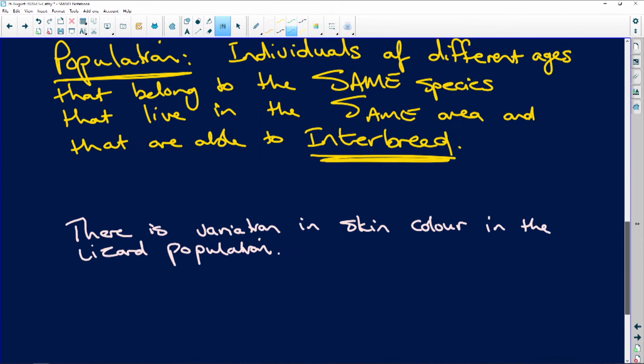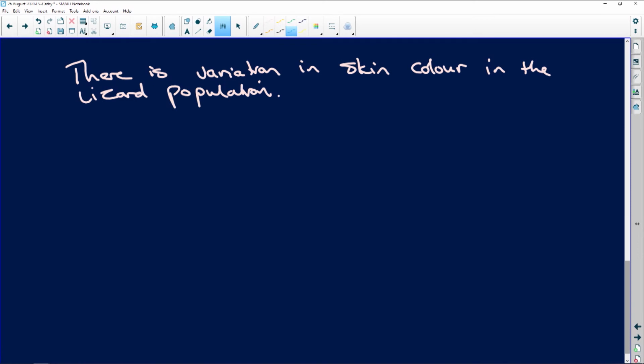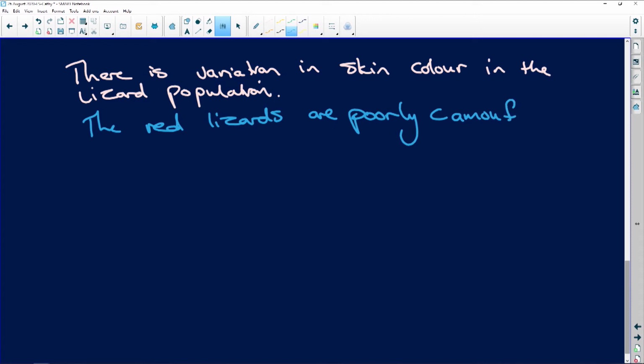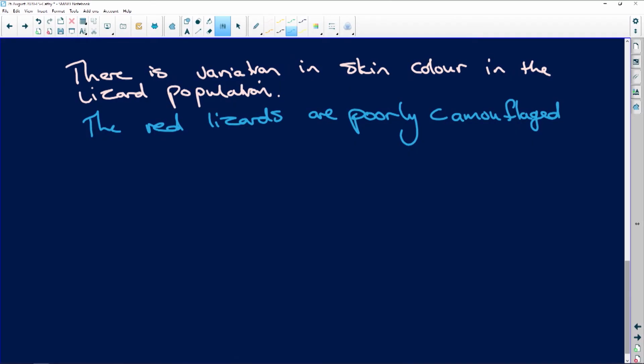So we'll say the red lizards are poorly camouflaged. Okay, because I mean, red on a dark rock, what do you think? It's like a beacon. There's food. So the red lizards are poorly camouflaged and get eaten by predators.